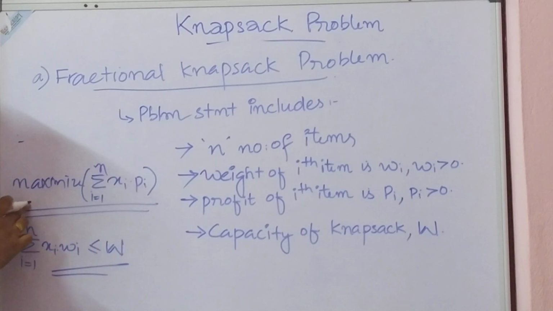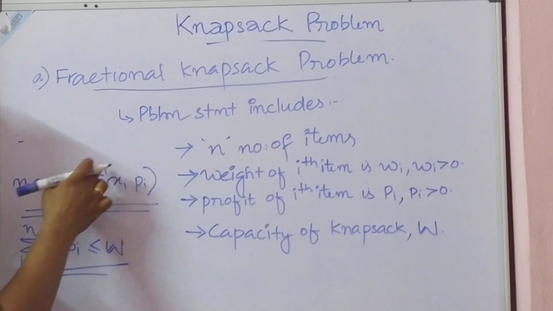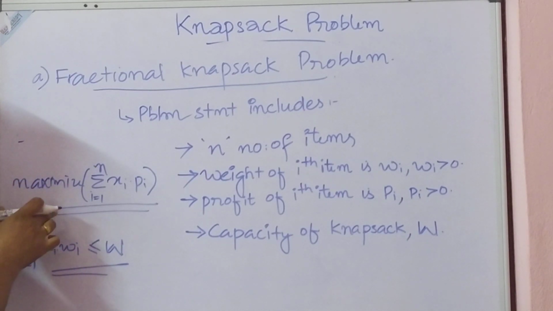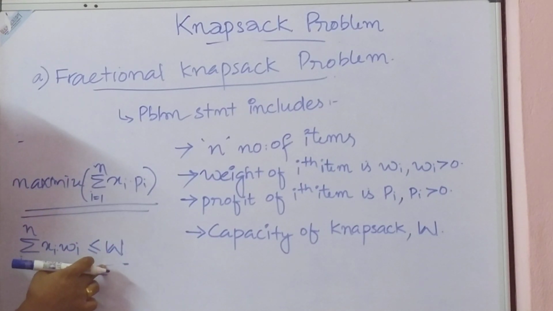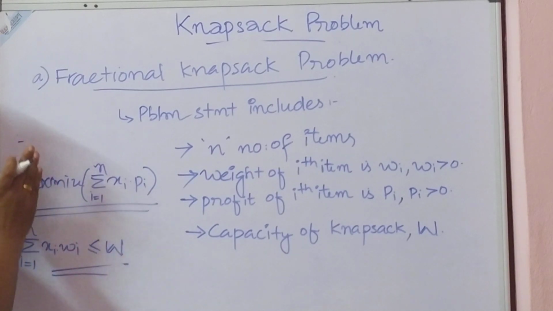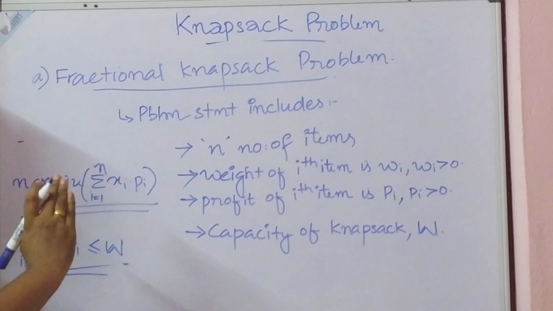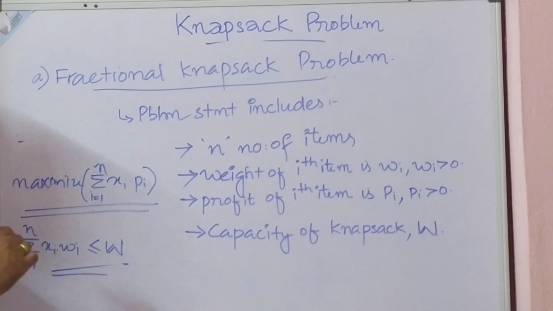That is, our aim is to maximize the total profit, and the constraint is that the total weight of the selected items should be less than or equal to the total weight of the knapsack. So our aim is to maximize the profit, that is, maximize the result. So it is a knapsack problem. The greedy method can be better explained with the help of this knapsack problem.